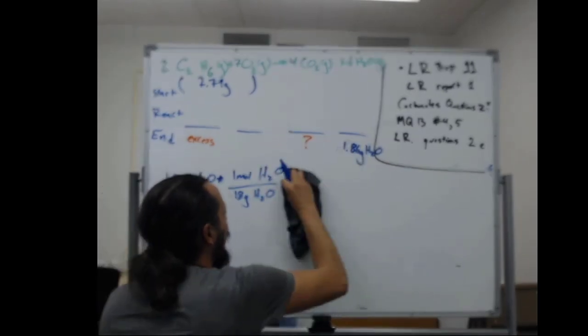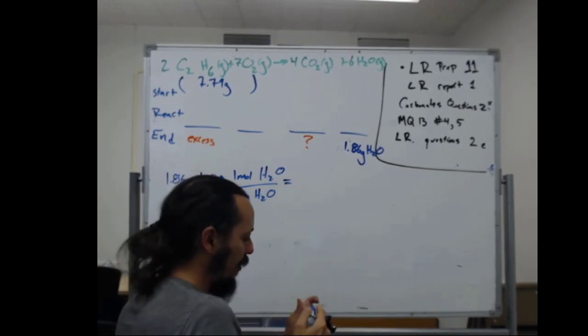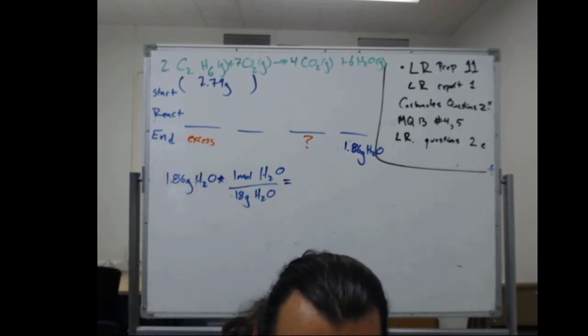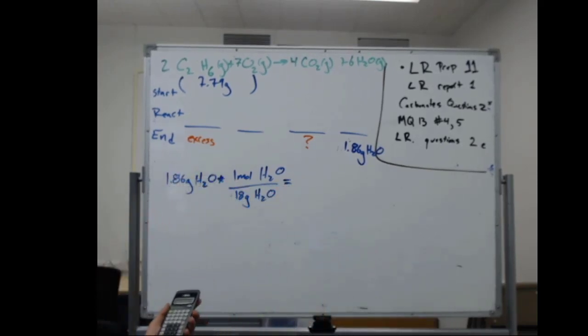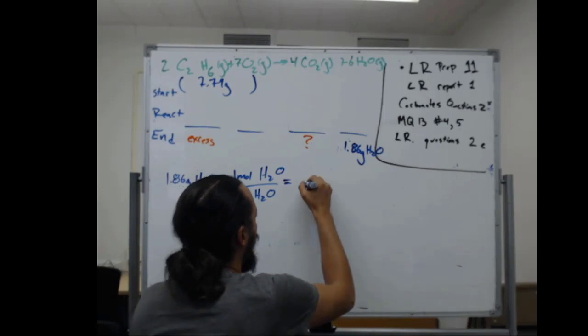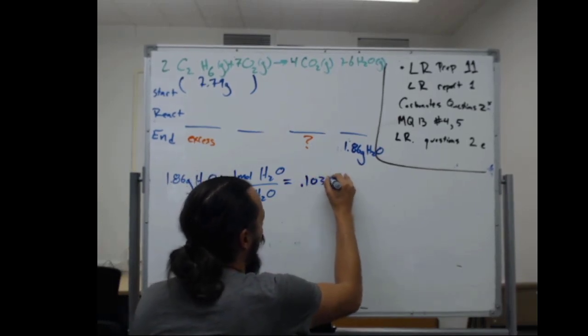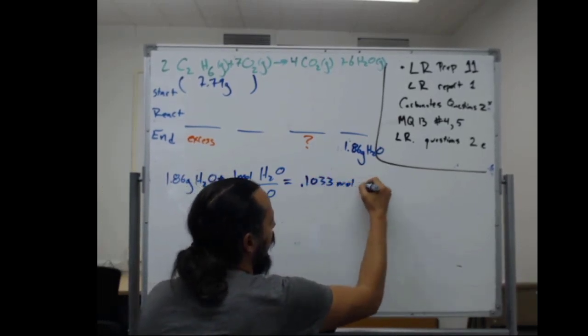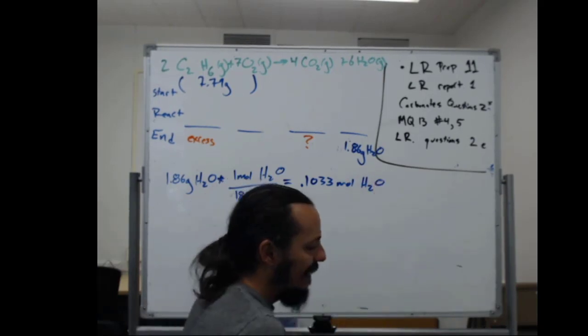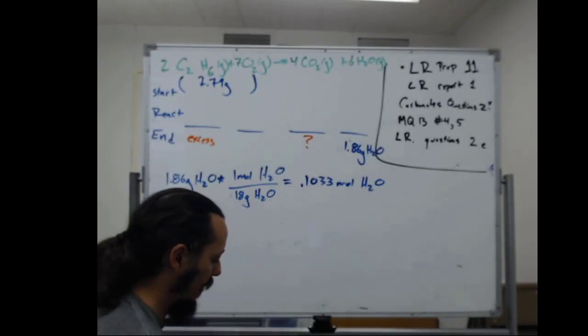That is going to give us the number of moles of H2O we must have. Calculator. 1.86 divided by 18. 0.1033 moles H2O.